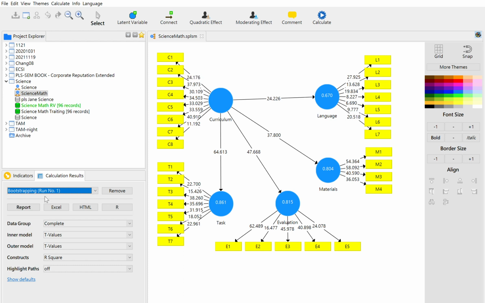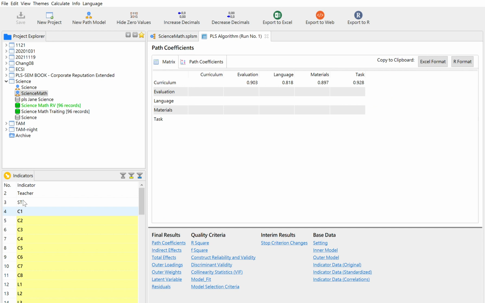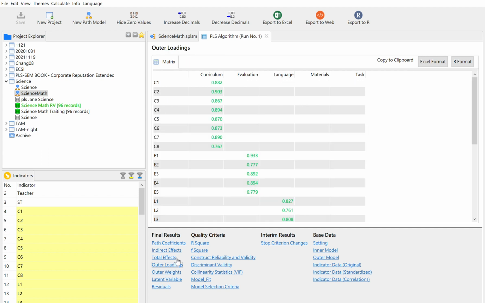So if I take a look at the report, let me show you the PLS algorithm report first. I click on the report, and it takes us directly to path coefficients, but this is not my focus. What I'm focusing on is outer loadings. If you take a look at these factor outer loadings, they should be above 0.708, which they are.